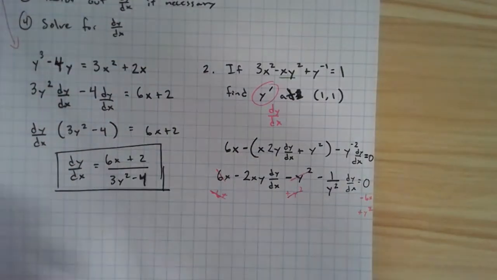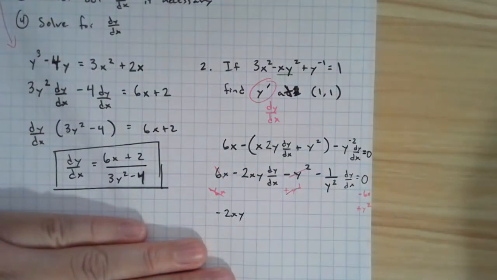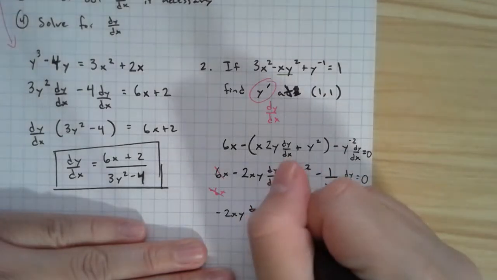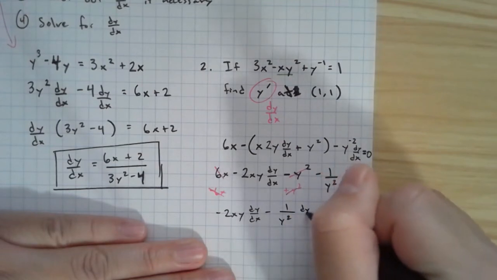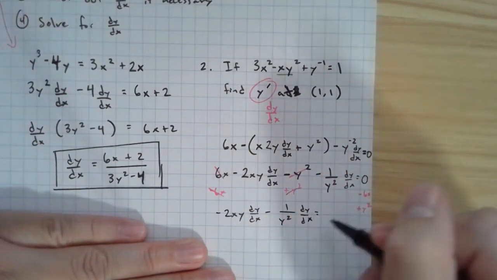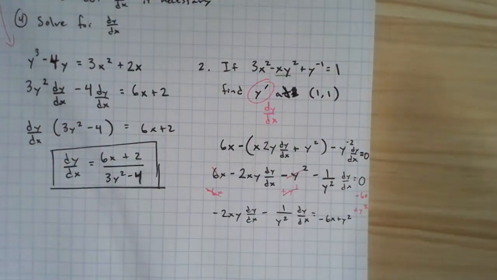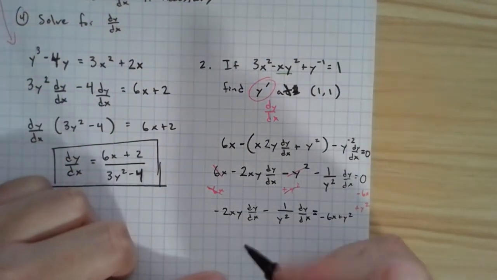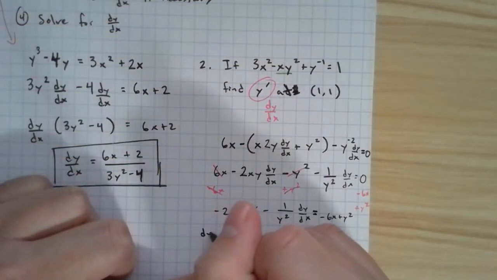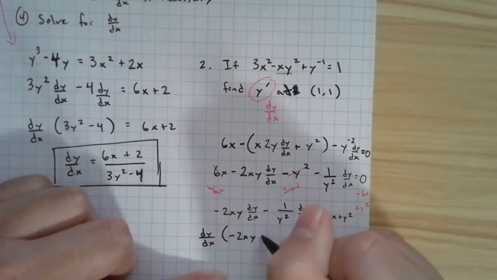Now I have negative 2xy dy dx minus 1 over y squared dy dx is equal to negative 6x plus y squared on the right side. Now I can pull out the dy dx. I'm going to factor all that out.